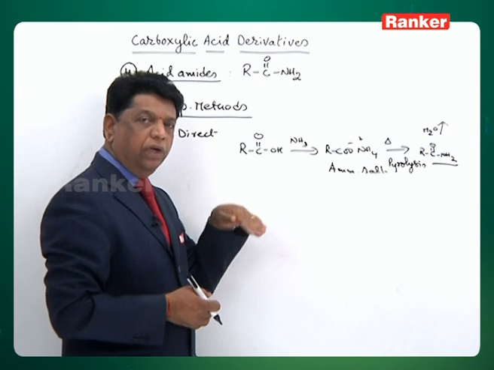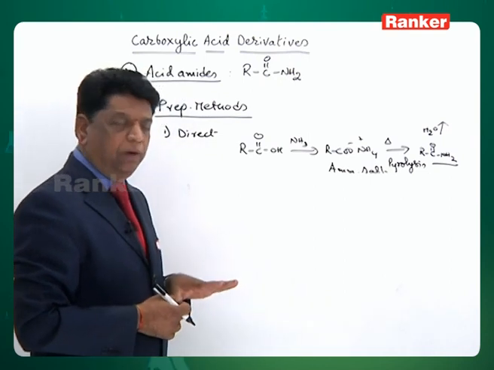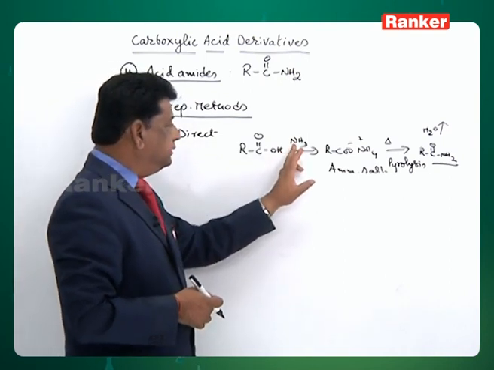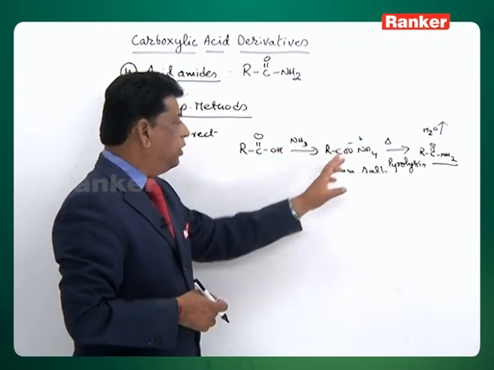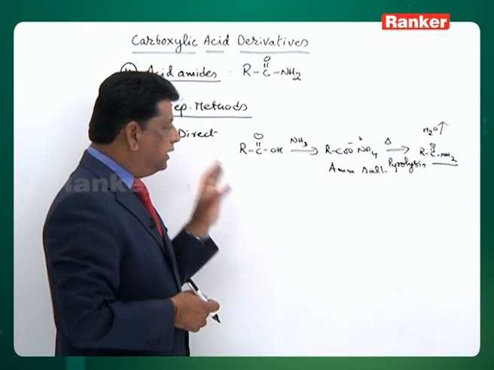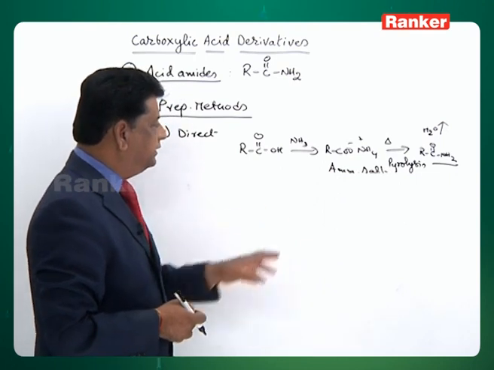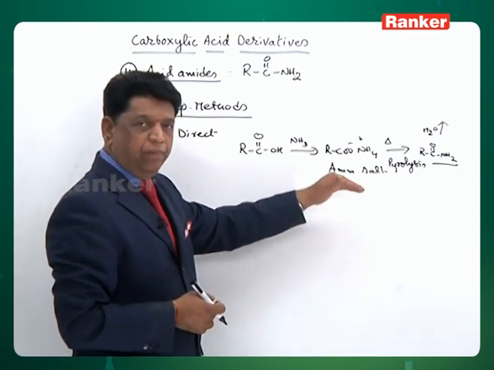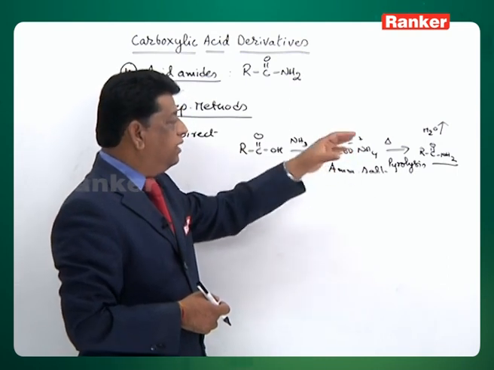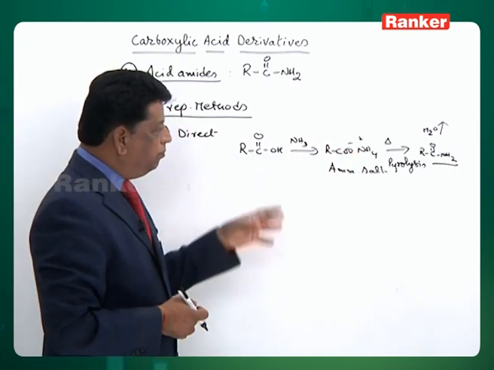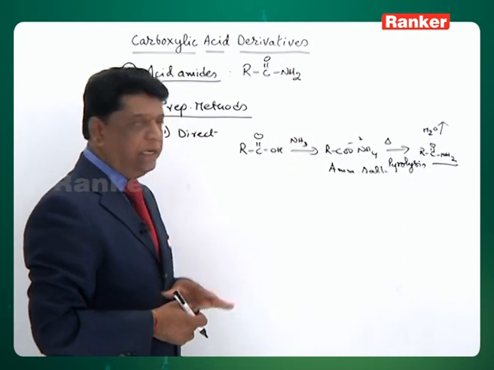Ammonia is available as a water-dissolved solution, but take the highly concentrated ammonia, add it, and you will get a solid ammonium salt. That solid on heating, first initially liquid will be there, evaporate some water, then you will get solid. That solid on heating melts, and then pyrolysis breaks it up into water and amide.